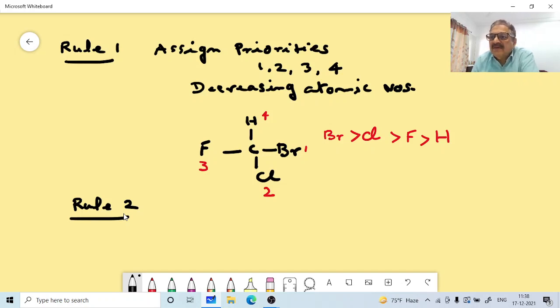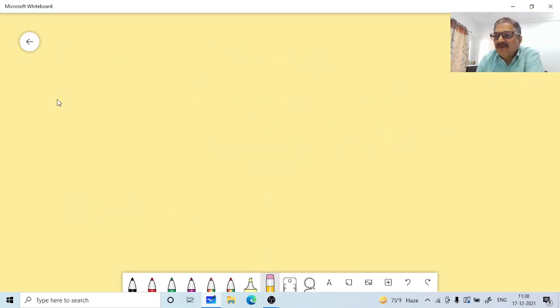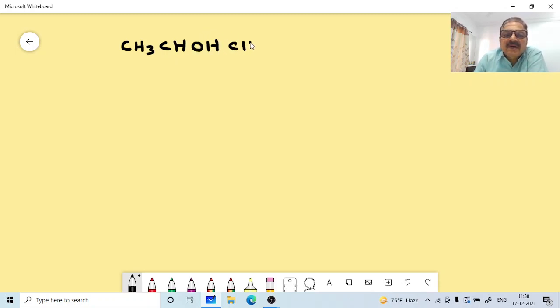Now I will illustrate it with an example, then you will be able to follow it more clearly. Take the compound 2-butanol. I will show you how rule 1 and rule 2 are applied. The compound is CH3, CHOH, CH2, CH3. This is 2-butanol.